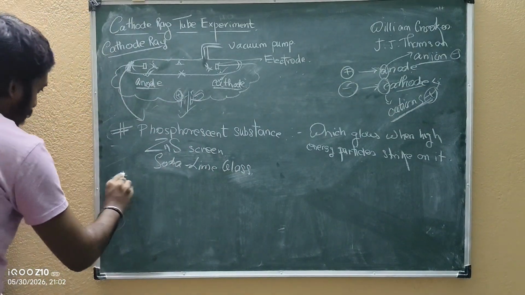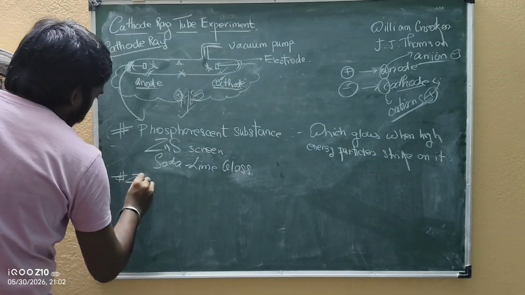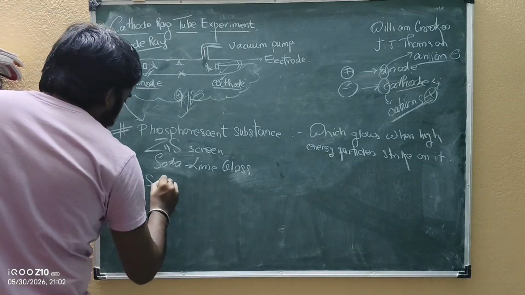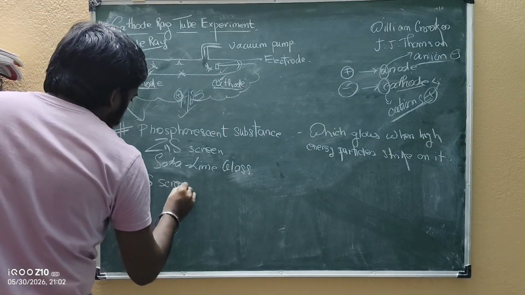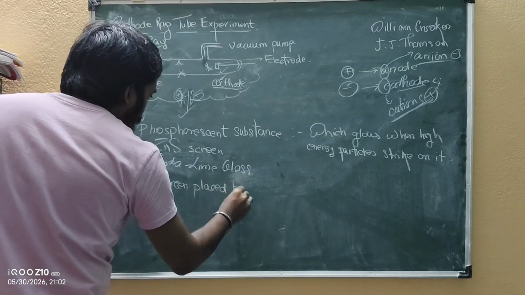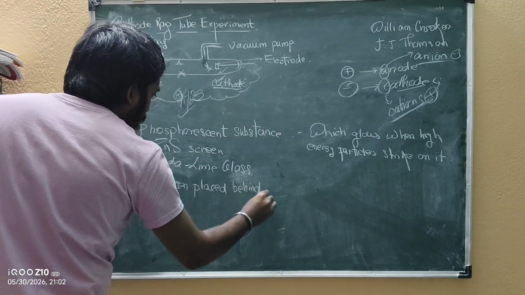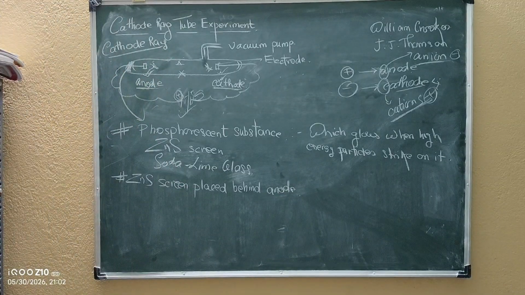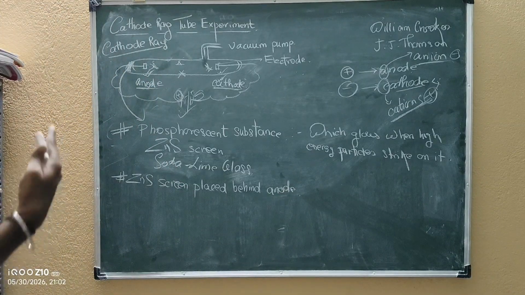Before that, let us just quickly write the point that I am going with ZnS. You will find in your book it is given with soda lime. Both will work. Okay. So ZnS screen has been placed behind the anode.